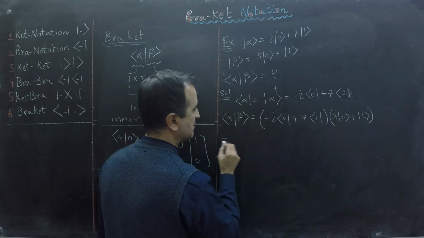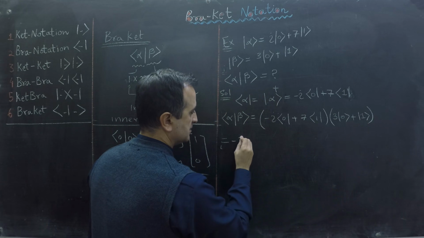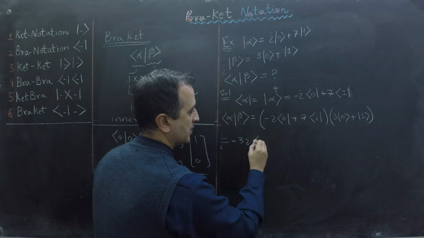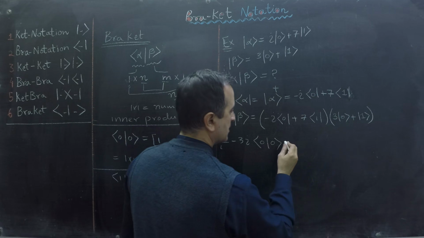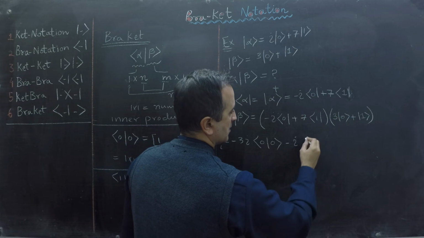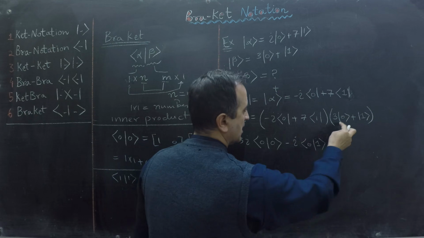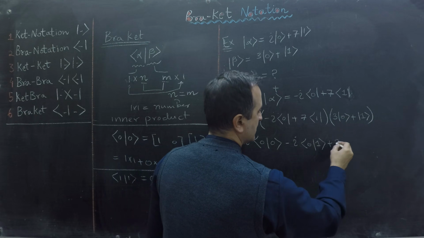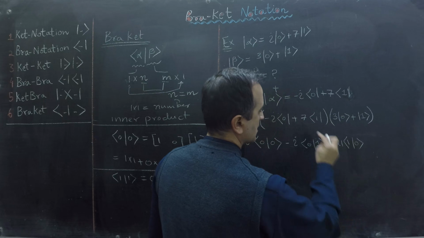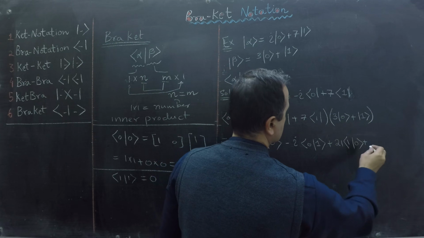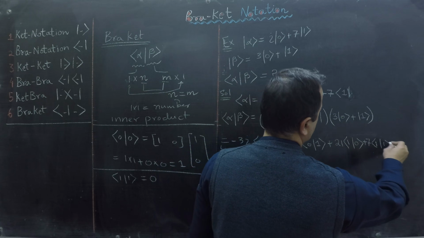And now I simplify it further. I will get minus 3 iota bra 0 ket 0, then I will get minus iota bra 0 ket 1, then I will get 21 bra 1 ket 0, and finally I will get 7 bra 1 ket 1.